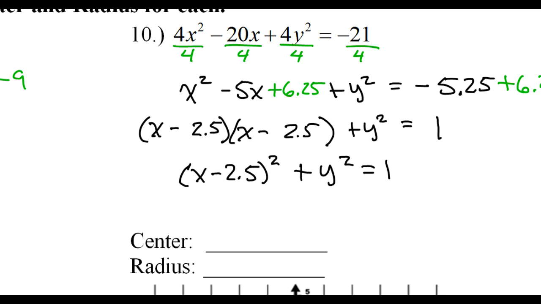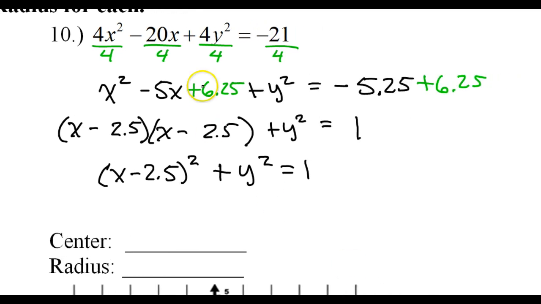All right, so there's my standard form. The hardest part was understanding that this 6.25 would factor as 2.5 times 2.5. You can either think of it as taking the square root of 6.25, or you can understand that these numbers will always be just half the middle. Half of 5 is 2.5.